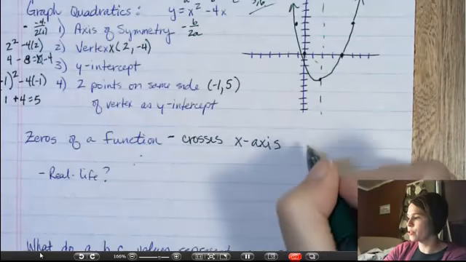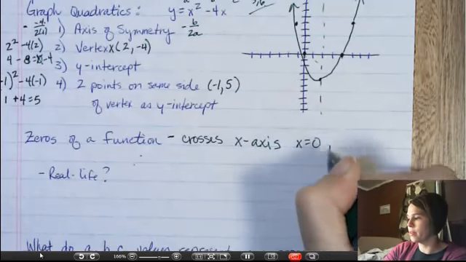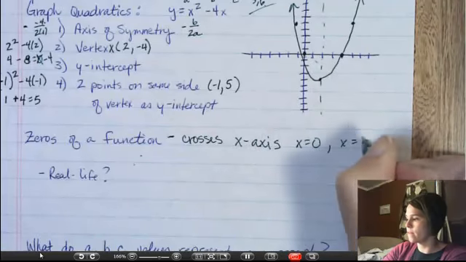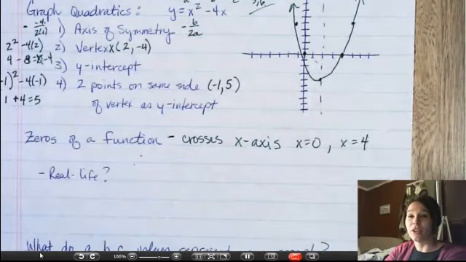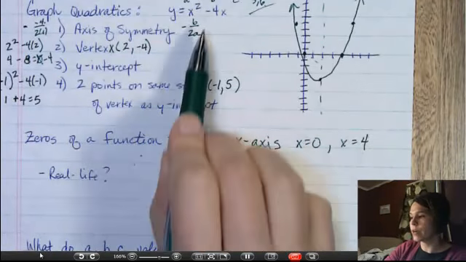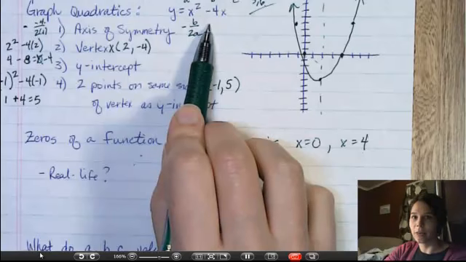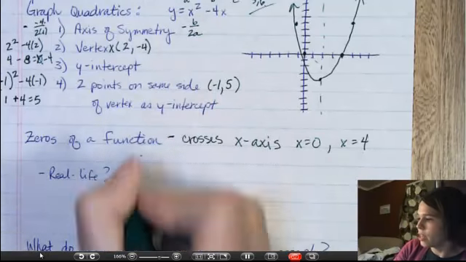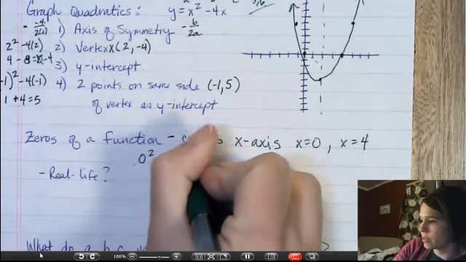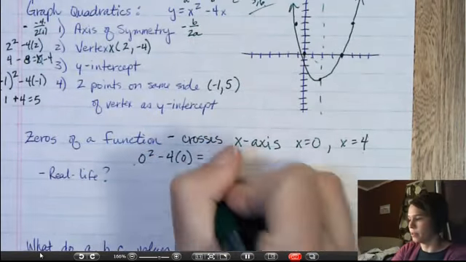My zeros of this function would be where x equals 0 and where x equals 1, 2, 3, 4. How do I know that those are zeros? If I plugged 0 or 4 into my equation, I would get 0. Okay, so let's just do 0. 0 squared minus 4 times 0, 0.